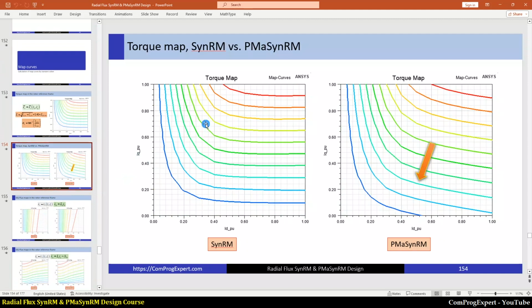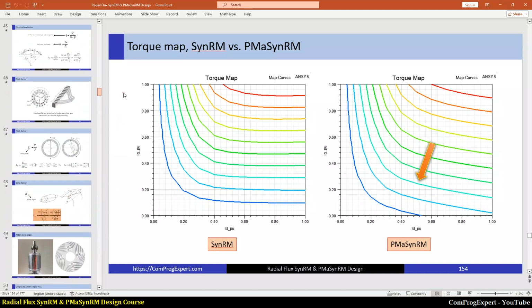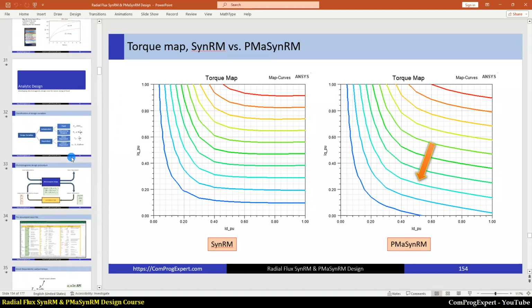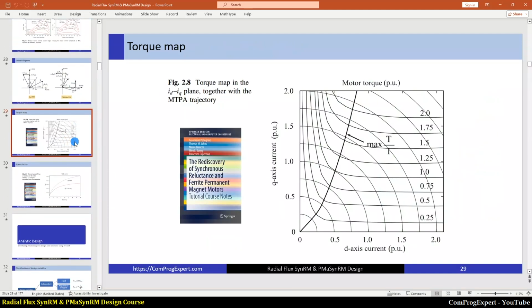Here also you can see the difference between the torque map of a synchronous reluctance motor and a PM assisted motor that we will calculate later in software. And here you can see the maximum torque per ampere for this motor type.